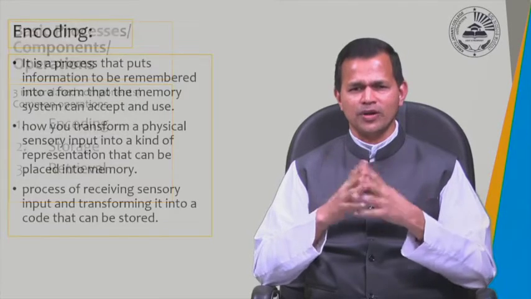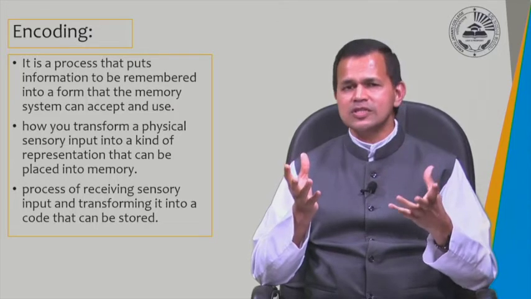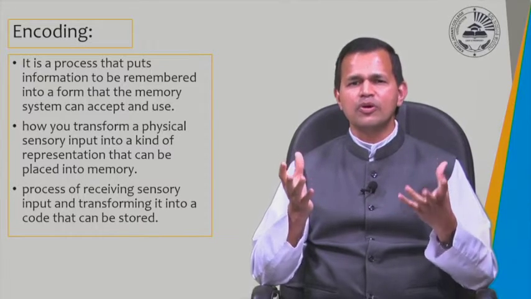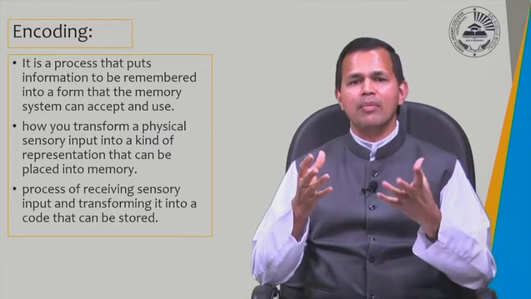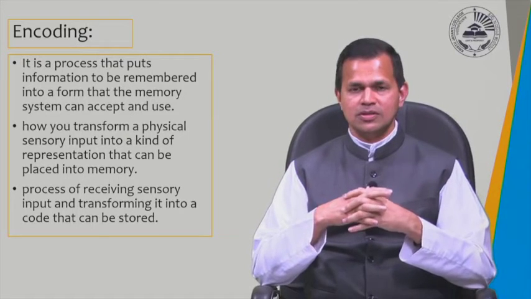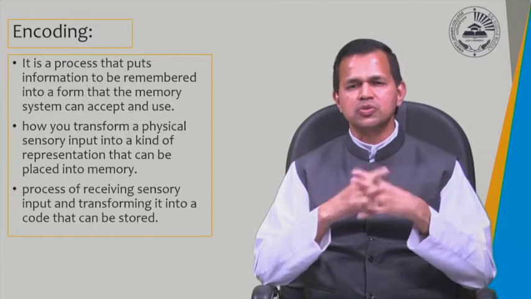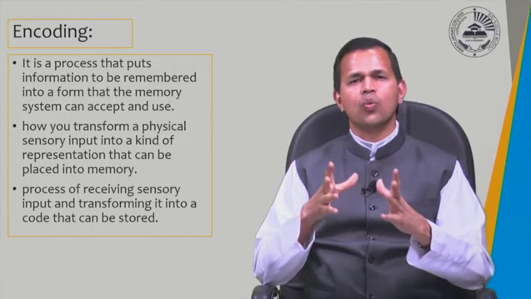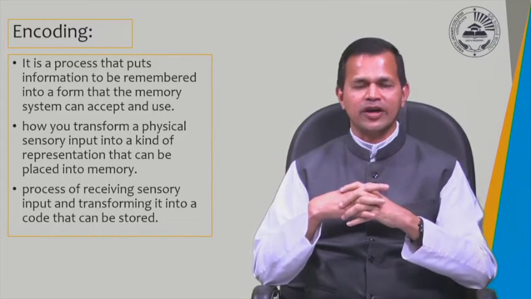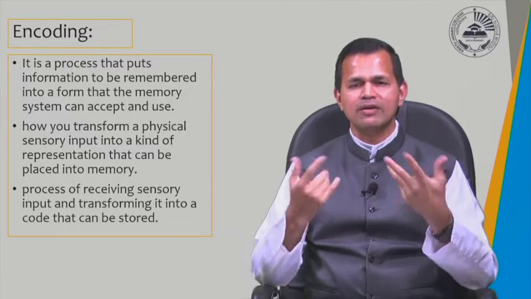So what is encoding? Encoding is the process that puts information to be remembered into a form that the memory system can accept and use. Let us imagine a computer. Imagine Google. You are typing, what is the weather in New York City right now? You're typing these words, and the computer immediately gives you the result.